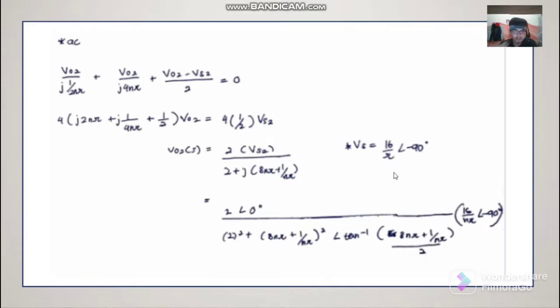And the answer for VO2(S) is 2 angle 0 degrees over the square root of 2 squared plus (8n pi plus 1 over n pi) squared. Next, the angle is tan inverse of (8n pi plus 1 over n pi) over 2, and then we multiply it with VS, which is 16 over n pi angle negative 90 degrees.